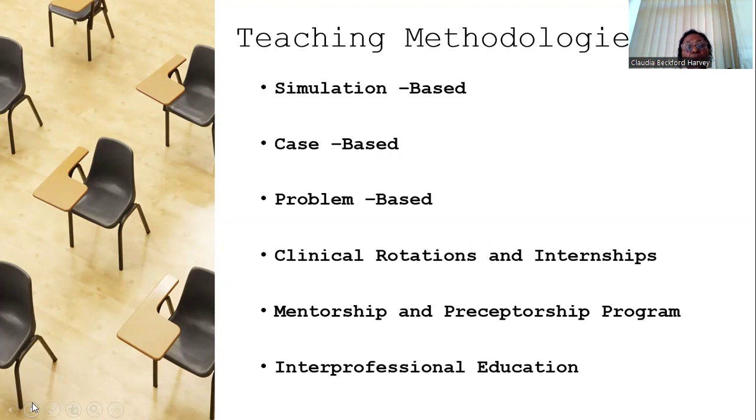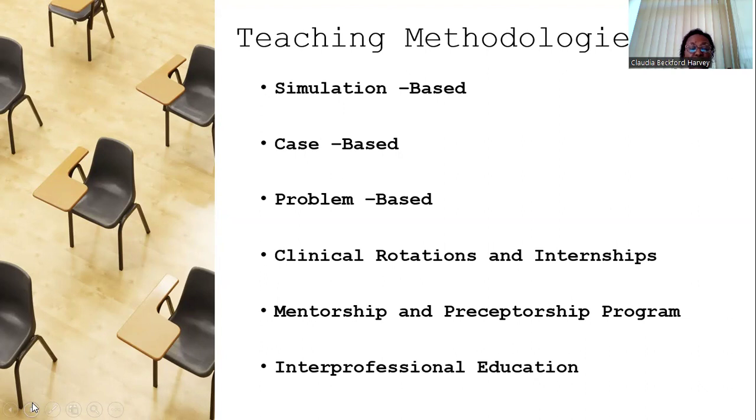Return demonstrations are also facilitated. The benefit of this is that it provides hands-on experience, facilitates the transition from student to practitioner, and enhances clinical competency.